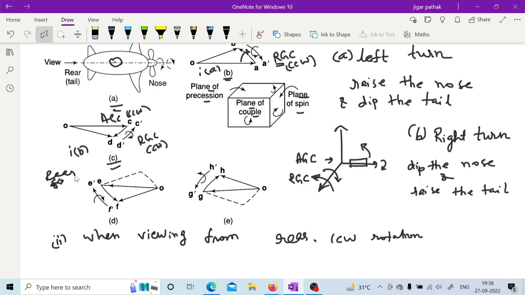Viewing in anti-clockwise direction, it will be towards the viewer. If it is clockwise, then it will go away from the viewer. So here this will be 2A. What was A? A is left turn.